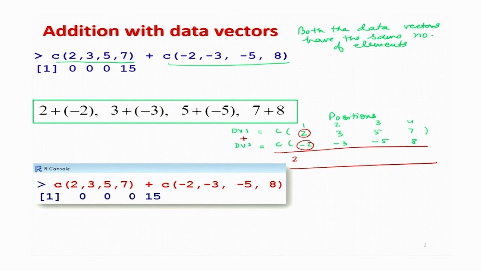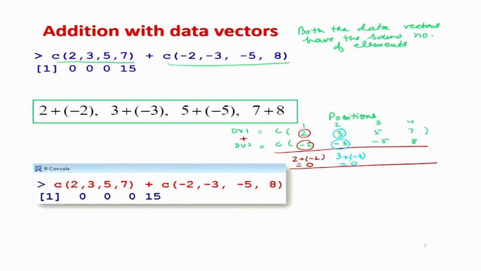So this becomes 2 plus -2, which is 0. Next the control comes to the next value: the value at the second position in the first data vector is operated with the second value in the second data vector. So this becomes 3 plus -3, which is equal to 0.